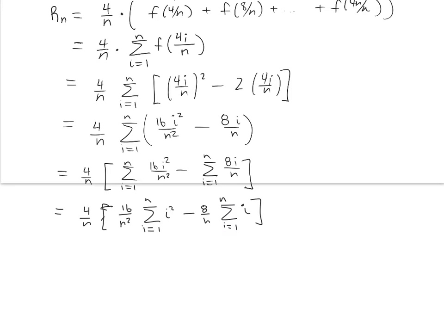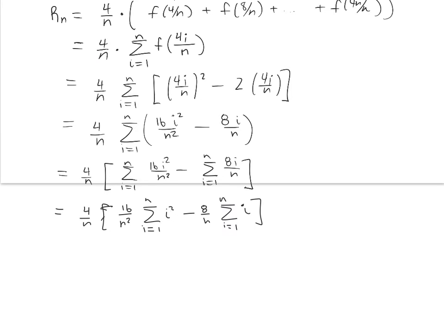And the reason is that that's going to be a greatest common factor. When you plug in your i's, you're going to have 16 over n squared times 1 squared, plus 16 over n squared times 2 squared. So i is the thing that's changing in that stuff. The things that are just constants, obviously the 16 can come out as a GCF, and the n squared also is a constant because it's a fixed endpoint. It's a number you choose, and then it's always the same.